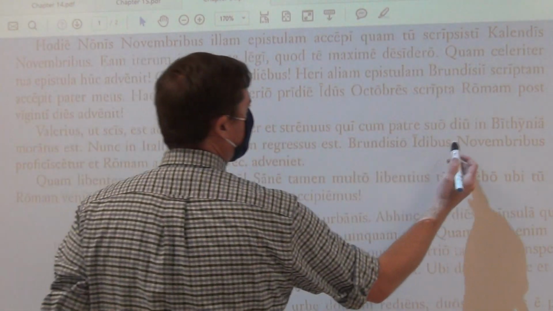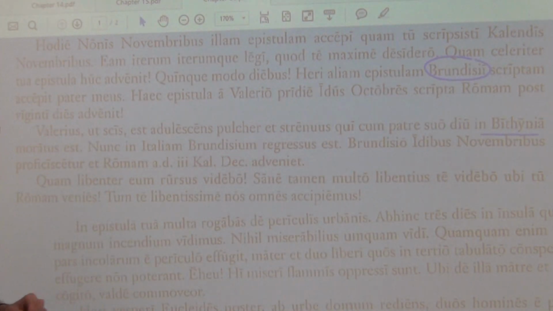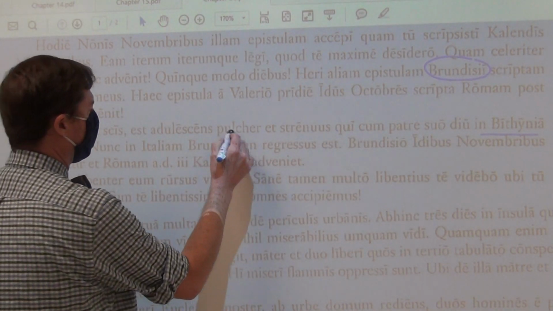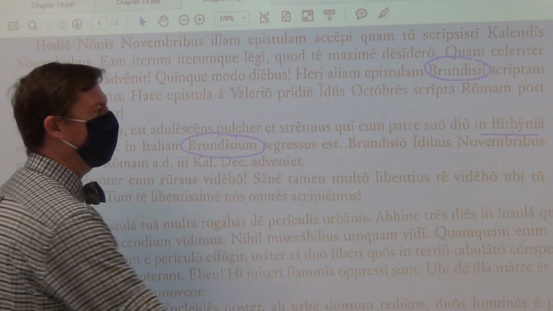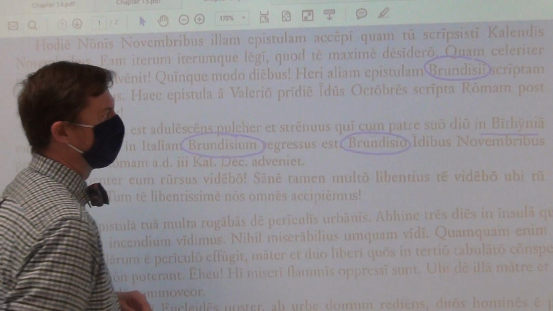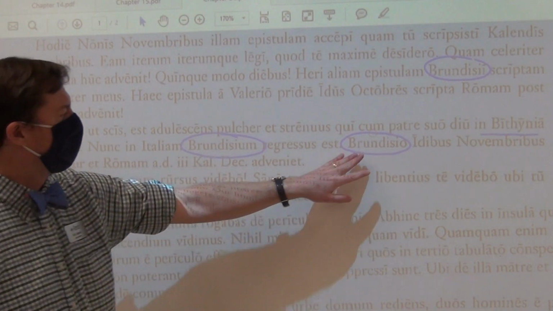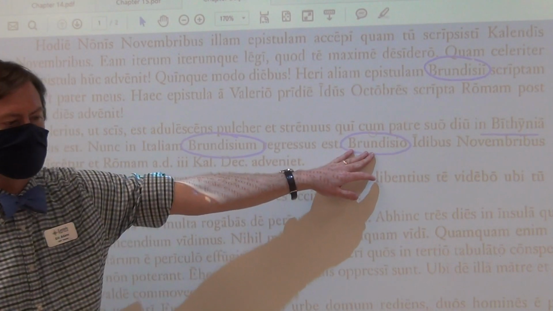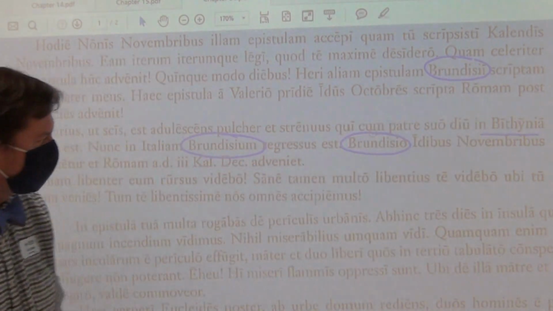Now, Bithynia, that's a country, so it does. But Brundisium, if the city, town, or small island is in the accusative, to Brundisium, and immediately we see the ablative, from Brundisium. So accusative, to that city, town, small island; ablative, from that city, town, small island; and we eventually will learn the locative case, at that city, town, or small island.